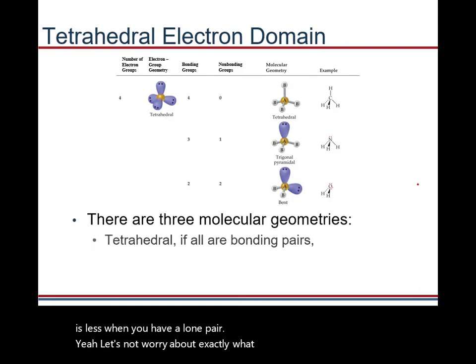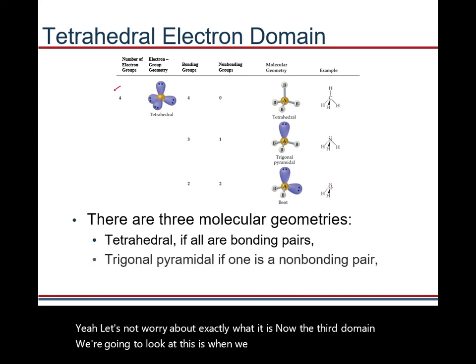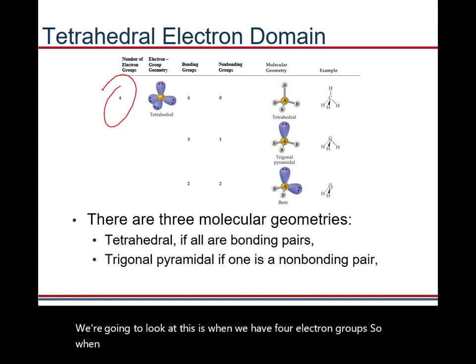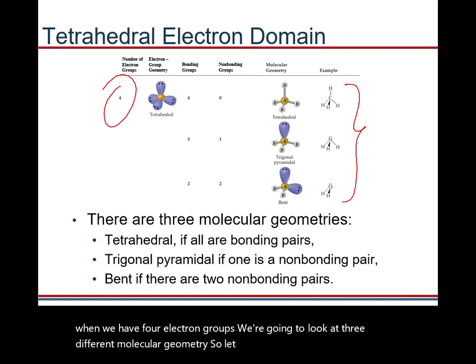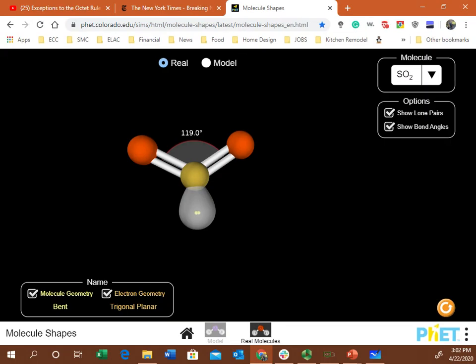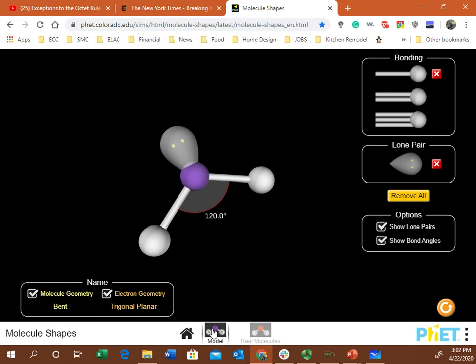Now, the third domain we're going to look at is when we have 4 electron groups. So when we have 4 electron groups, we're going to look at 3 different molecular geometries. So let me pull out the sample again. There we go. Okay, so we're going to have 3 different geometries.